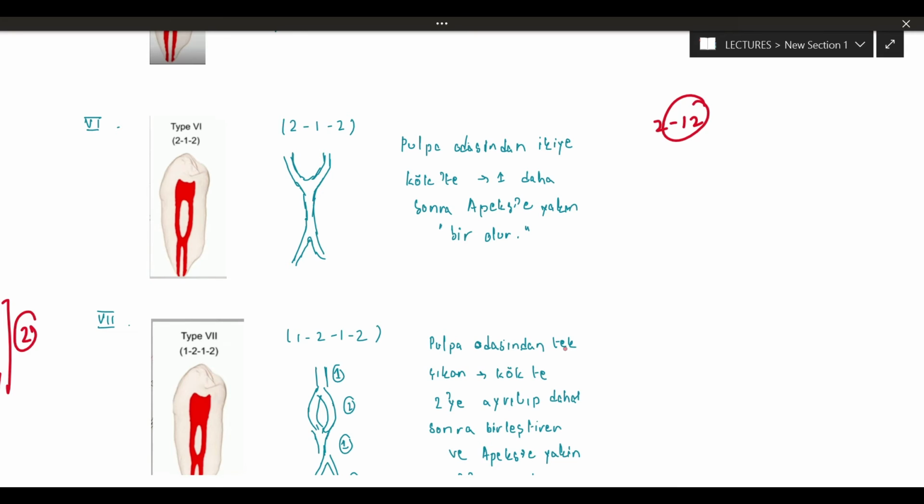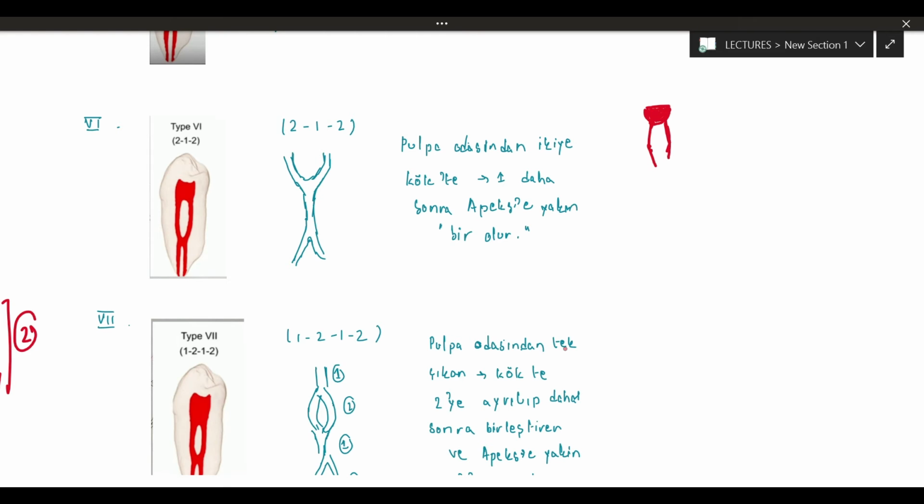2 1 2. What does this mean? So this means that on leaving the pulpal chamber, we have two canals. But what happens?